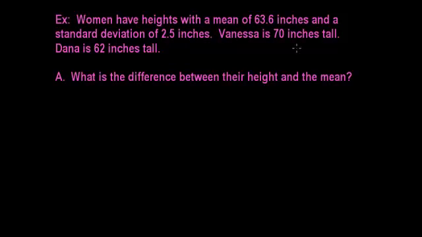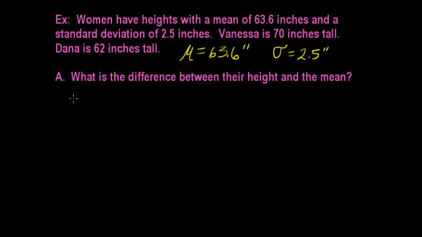And then we have this information. Vanessa is 70 inches tall. Dana is 62 inches tall. So for each of these women, we want to determine the difference between their height and the mean. So let me write this down up here. We have this population mean of 63.6 inches and the population standard deviation of 2.5 inches.